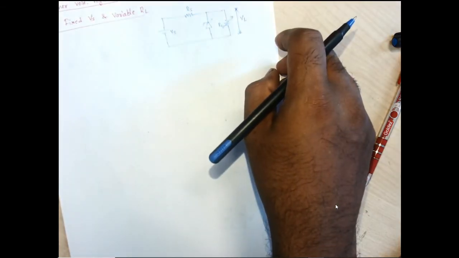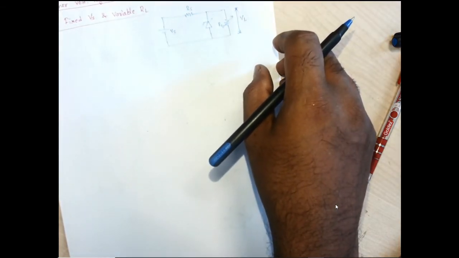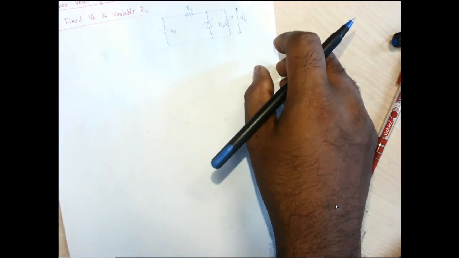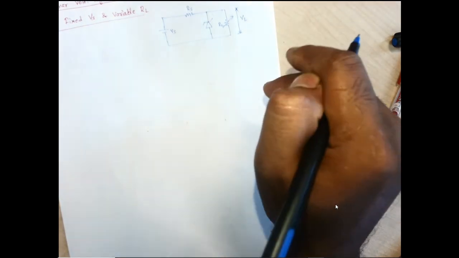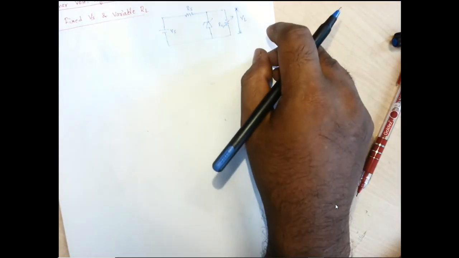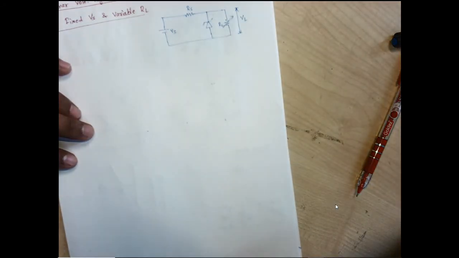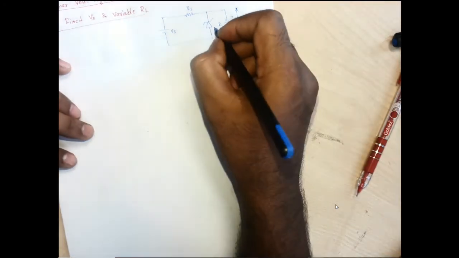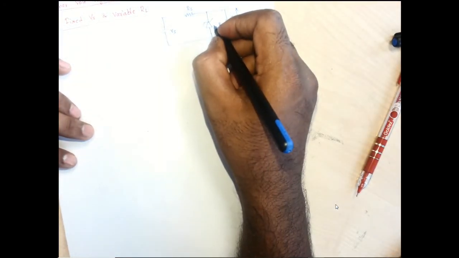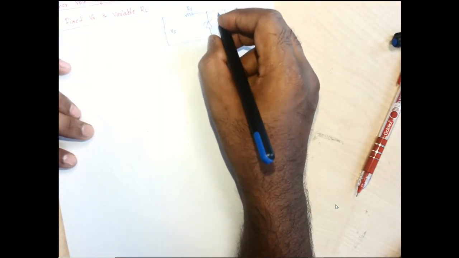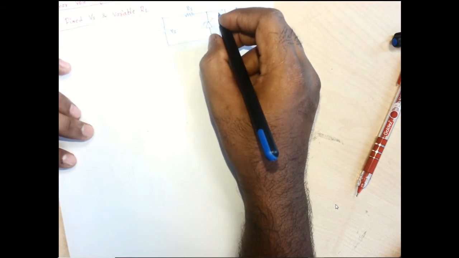You should always remember that this Zener will work as a voltage regulator only when it is operated in the reverse bias breakdown region, because in forward bias the Zener diode works the same as a normal PN junction diode. So this regulation is achieved only when the Zener diode works in the breakdown region.